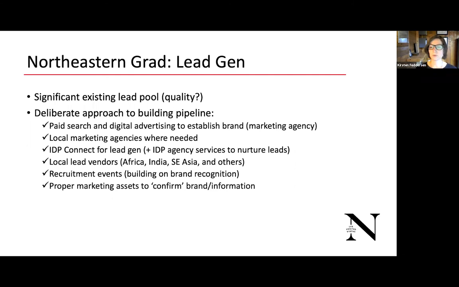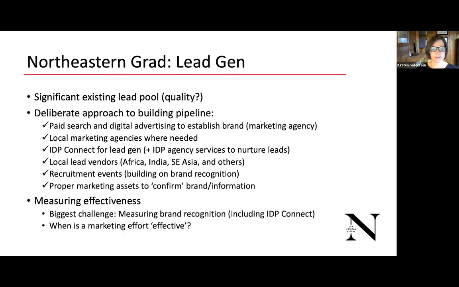But then once they're looking for more information, for instance, when they go to our website to confirm the information that we gave them during an information session or a fair, or they come home and they want to look at some kind of flyer to remind themselves of what we said, or some other piece of marketing asset, if that doesn't correspond with what we've promoted to them, then we lose part of that momentum. So having the proper assets in place is really important.